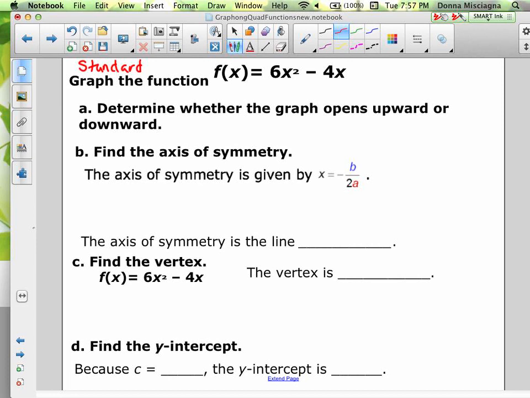So for this format, since it is in standard form, we're going to use this to find our axis of symmetry and vertex. In any of the formats, all we have to do is look at A to determine whether our graph opens upwards or downwards, right? So A, remember, is the coefficient in front of x squared when it's in standard form.